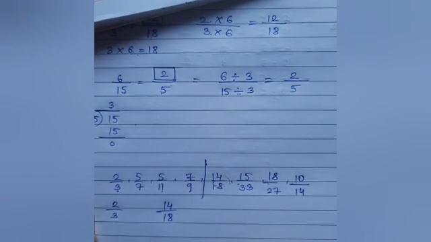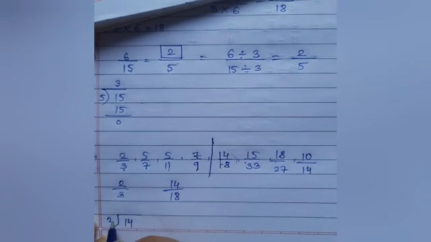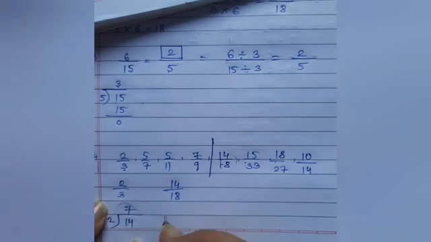To find out, we will divide these numerators with each other, that is 14 divided by 2. In the table of 2, 14 appears at the place of 7. This will be for the numerator, whereas for the denominator, 18 divided by 3.